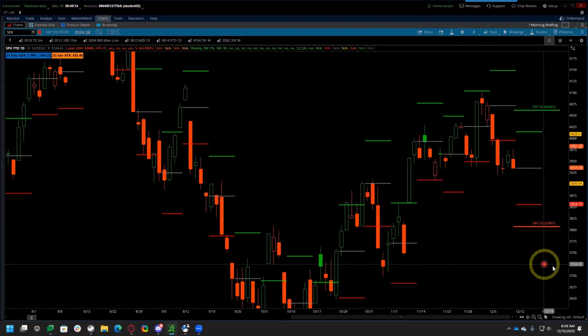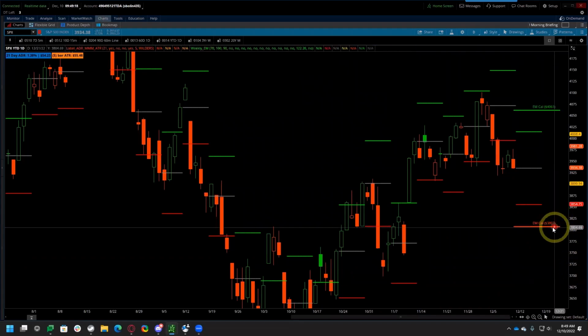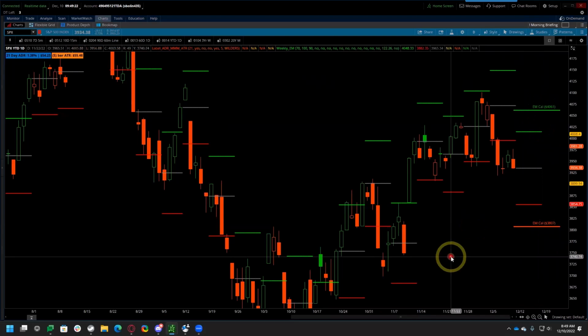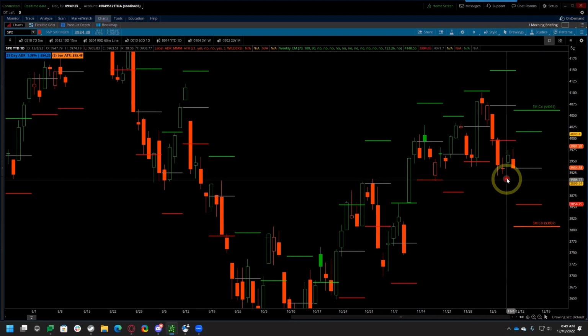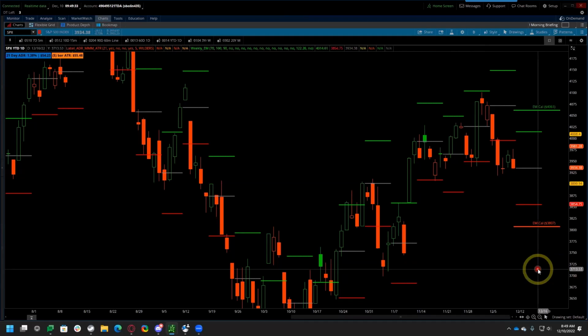So now we've got our range for a one standard deviation, and we're looking at 3,800 to the downside and 4,050 to the upside. It's a 250 point move. It's actually a little more than that because I'm rounding. But that's next week's one standard deviation expected move. How you feeling about that?